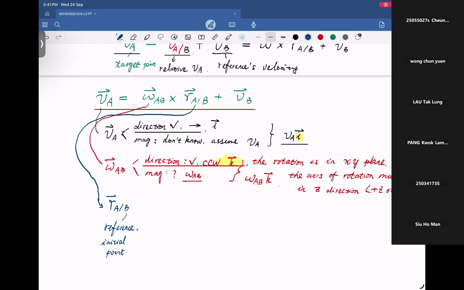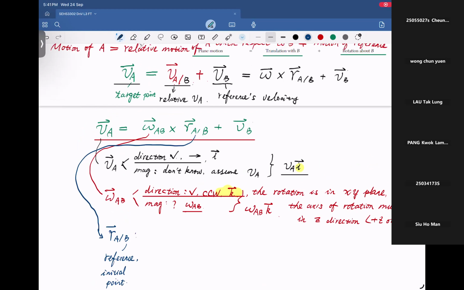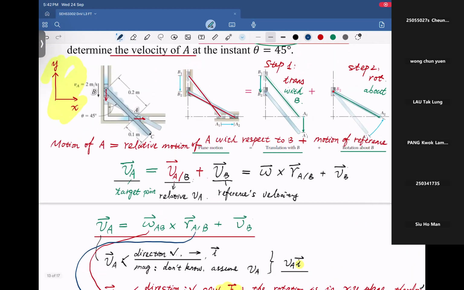So RAB is totally given, right? RAB actually is from A to B. Oh, sorry. RAB is from B to A. B is the initial point. B to A is totally given.